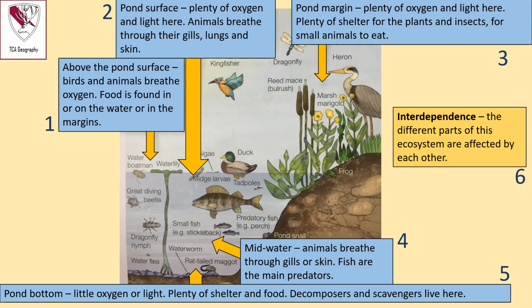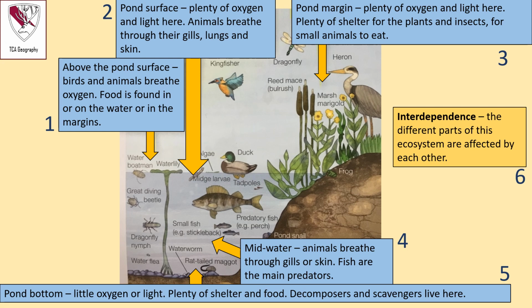So decomposers break down dead and decaying matter. For instance, maybe at the end of a long and happy life, that predatory perch fish may pass away and sink to the bottom. At that point, decomposers will break down the body of the fish and the nutrients will then be available in the water or sink into the sediment and into the mud.